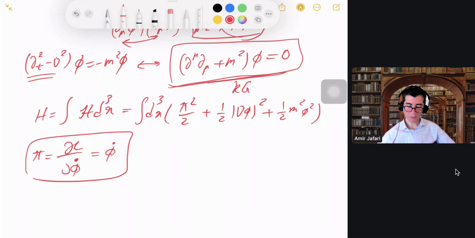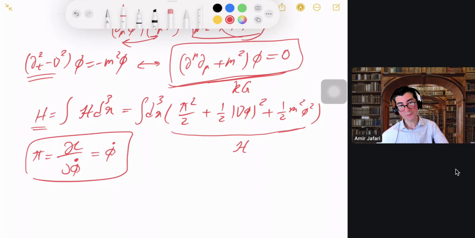And again, we had this expression previously, but remember, now we call this the Hamiltonian density. Technically, the Hamiltonian is the volume integral of this. Remember, because we are adding simple harmonic oscillators at each point in space, you're adding the Lagrangians and Hamiltonians of these to get the total Hamiltonian for the field, which is this one. So this is the Hamiltonian density.